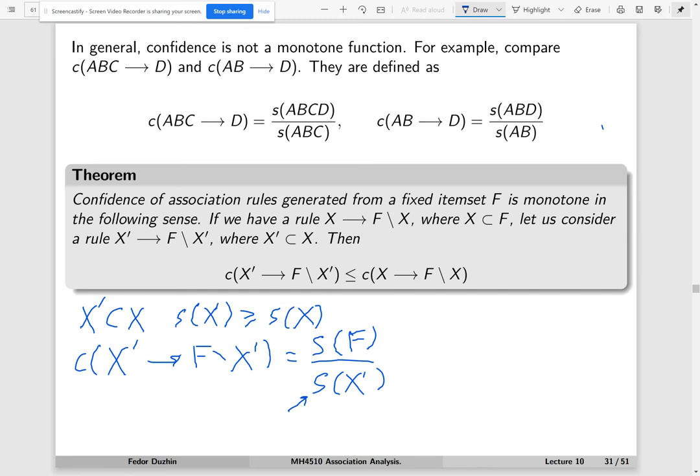The denominator is S of X prime. If I replace the denominator with a smaller number, then the whole fraction can only become bigger. So this is less than or equal to the support of F divided by the support of X. And this is nothing else but the confidence of the rule X implies F minus X.